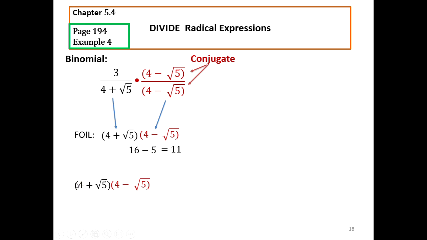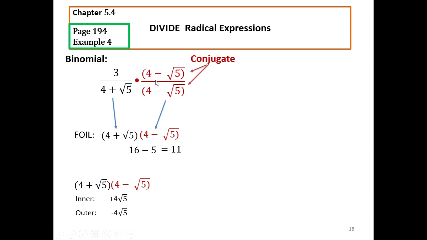When we do FOIL, notice the inner is 4 times the square root of 5. The outer is going to be negative 4 square root of 5. That is going to give you the 0 always when you have the same terms, different signs. So therefore the radical symbols all went away. And here we're only going to have the number 11.